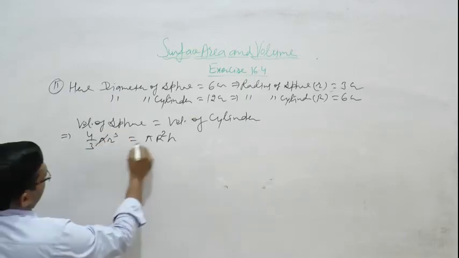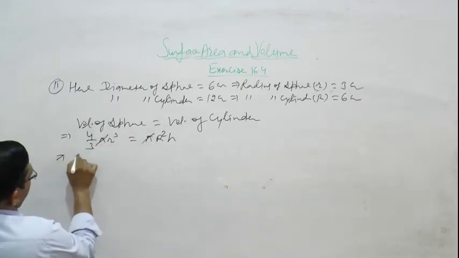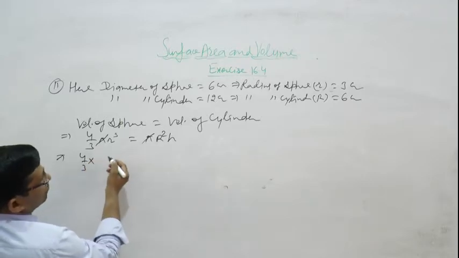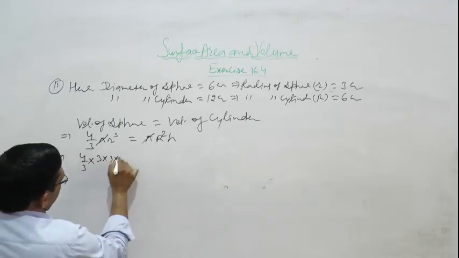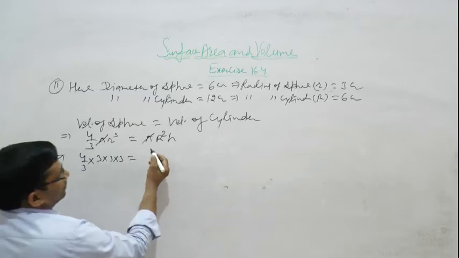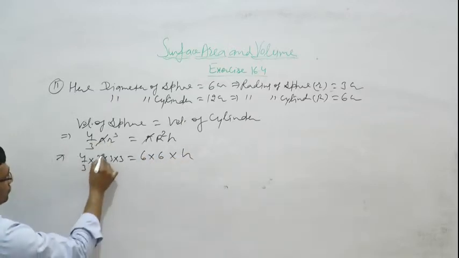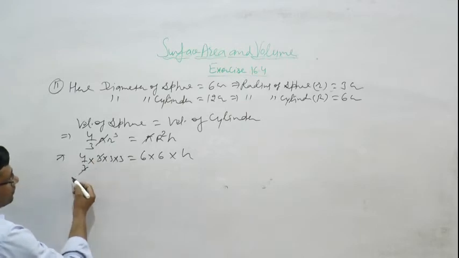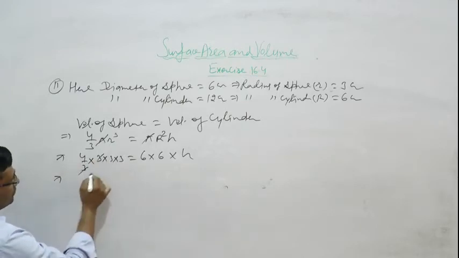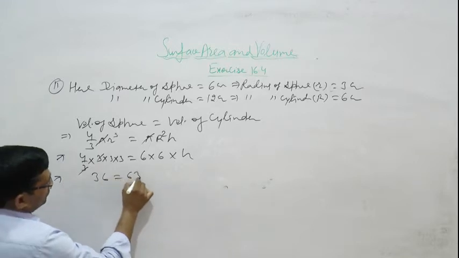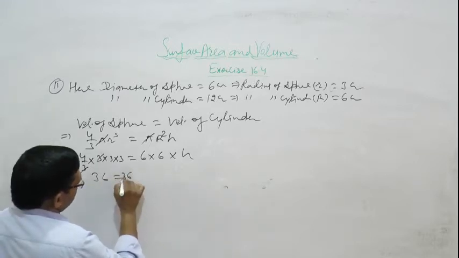Okay. So again here pi cancelled by pi. 4 upon 3 multiply small r is 3 multiply 3 multiply 3, and capital R is 6 multiply 6 multiply h. So 3 cancelled by 3, then 4 3s are 12, 12 3s are 36 is equal to 36 h.